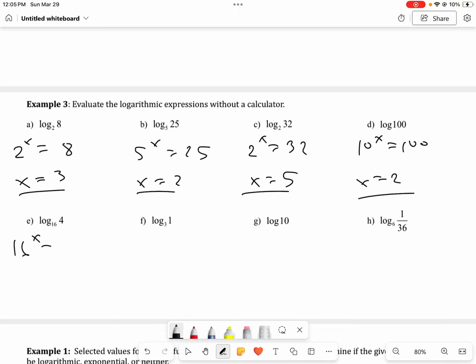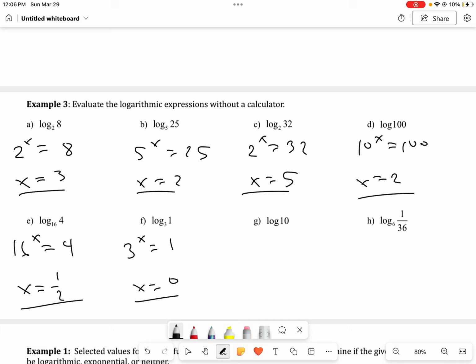16 to the power of x equals 4. So what you're doing is you're square rooting it. So x is just 1/2. 3 to the power of x equals 1. We know that a base that's not 0 to the power of 0 is always 1. So x is just 0.